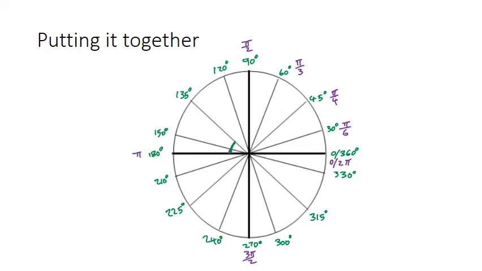We can find the radian measures for each of these. Basically, for pi over 3, we multiply that by 2, and that gives us this value here.